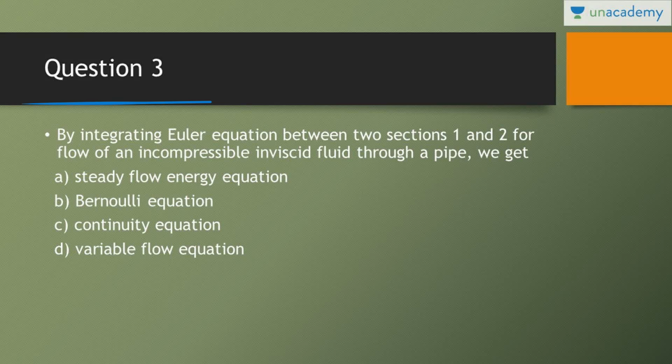First of all, try to do this on your own. By integrating the Euler equation between sections 1 and 2, for flow of an incompressible fluid, meaning density is constant, and inviscid fluid through a pipe, we get what? The options are steady flow energy equation, Bernoulli's equation, continuity equation, and variable flow equation. I have explained this in the steady flow energy equation, you can go through the open flow system.